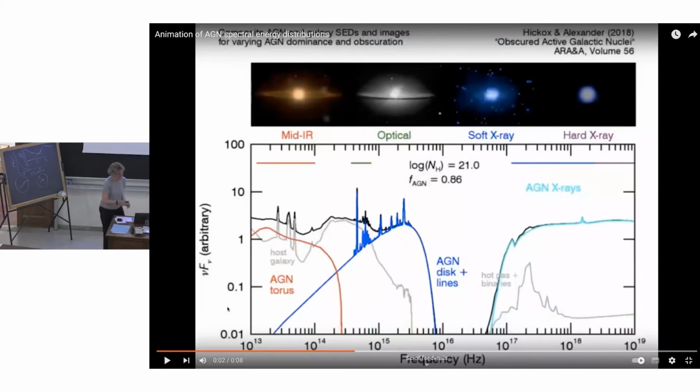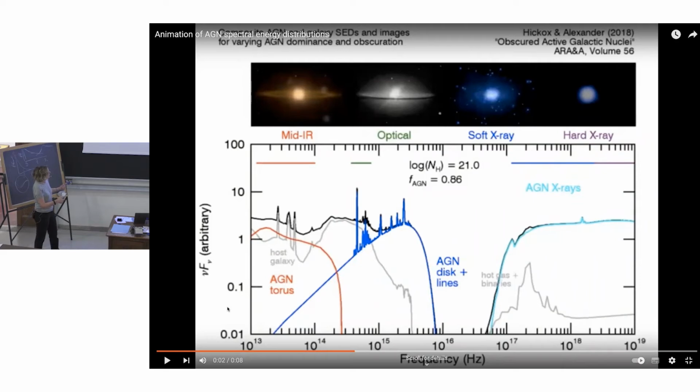So what you see here is an animation that tries to explain the spectral energy distribution of an AGN, a galaxy with a black hole that is active. You have optical bands, mid-infrared, soft X-ray, and hard X-ray. The power law here is the part that is coming from the black hole. Emission lines are either from the black hole or from star formation.